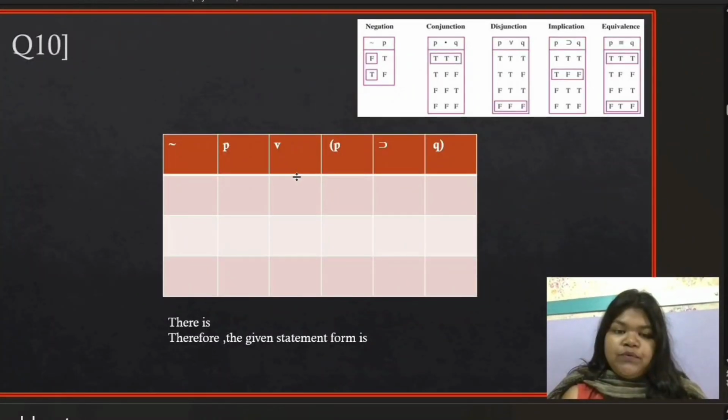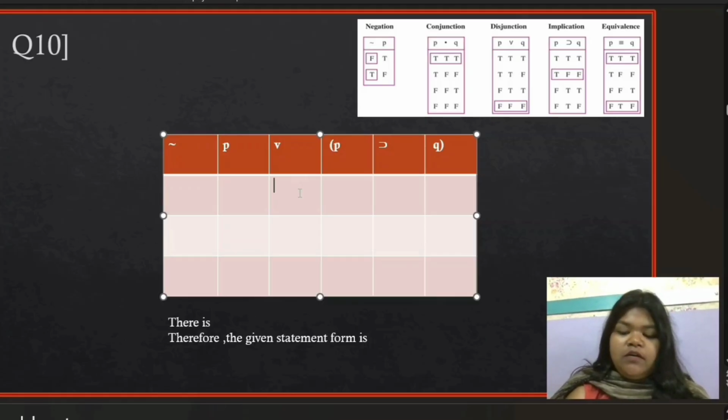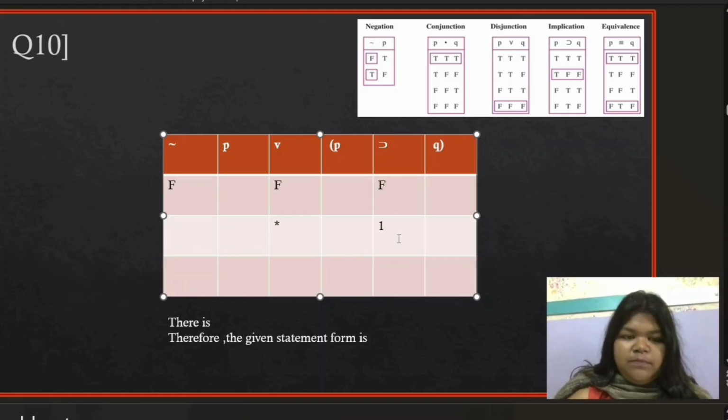Okay, so our next sum. Now your main connective is for wedge. Extract mark. Wedge का direct rule जाएगा FFF. Again, if you're applying the rule, prioritizing the negation. My first step.